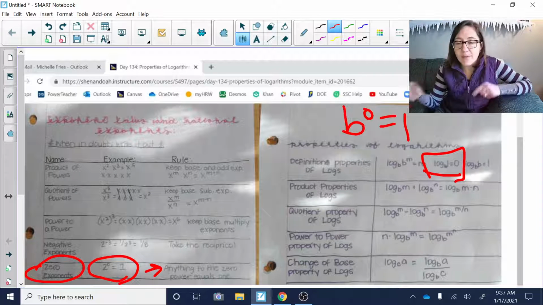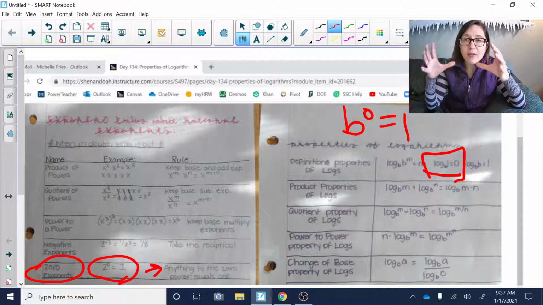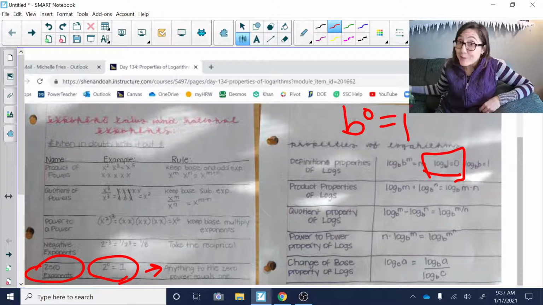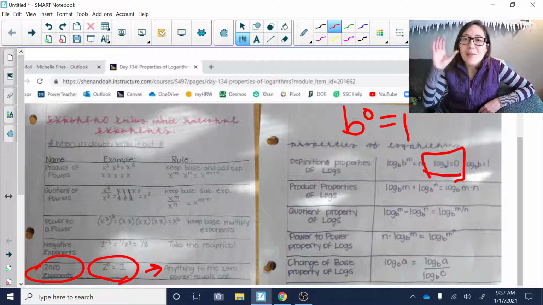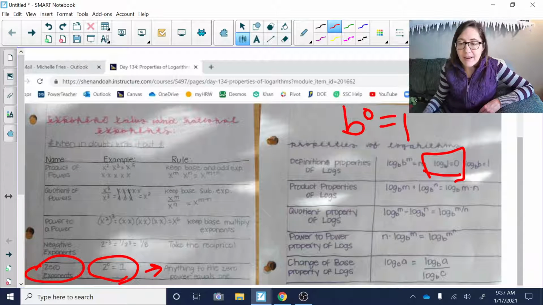No matter what the base is, if you see a 1 in the spot of the argument, then since the logarithm tells us the exponent, the exponent must be 0 to give you an answer of 1. So that's how those tie together.